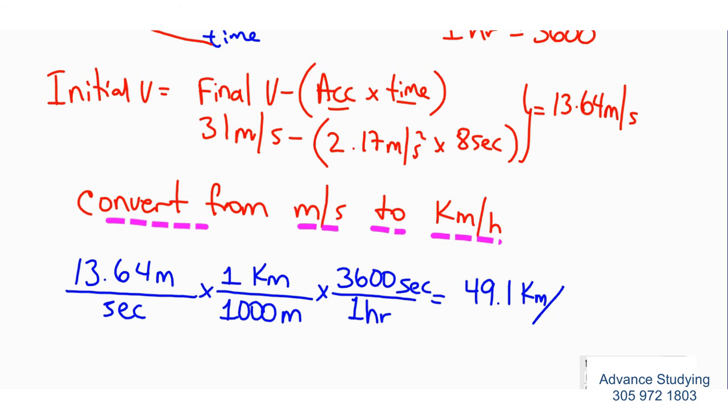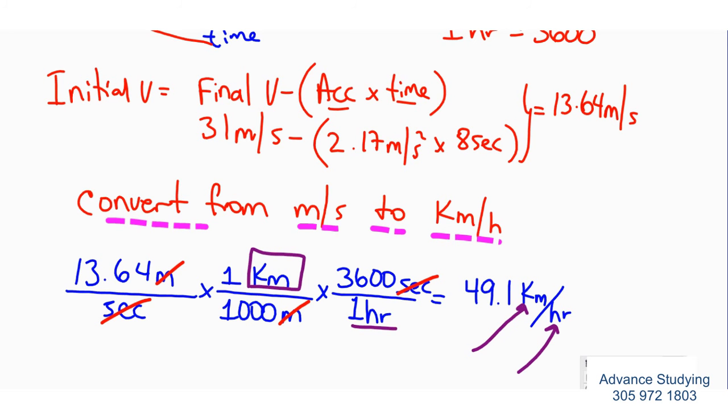And that will be kilometers per hour. How do I know that I have the right units? Because meters cancels with meters, seconds cancels with seconds. The only units that I have left are my hour and my kilometer. That is why my answer is in kilometers per hour.